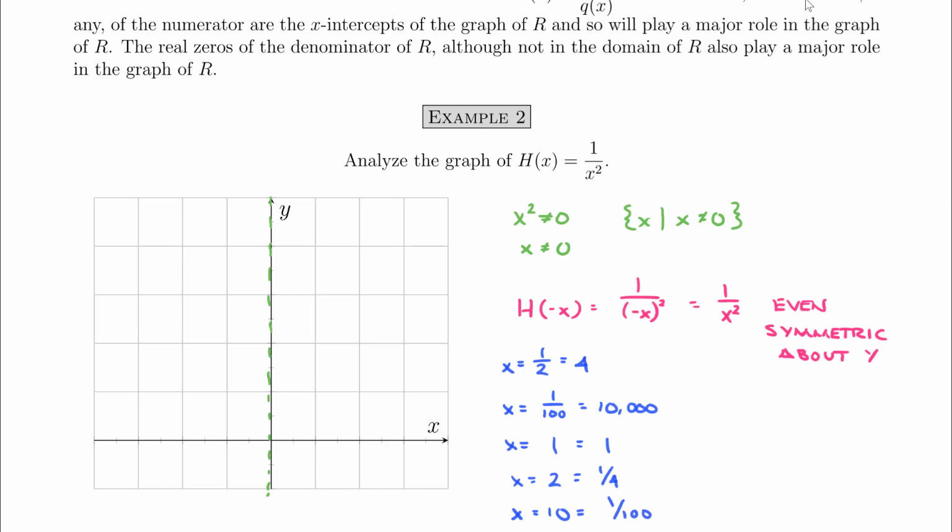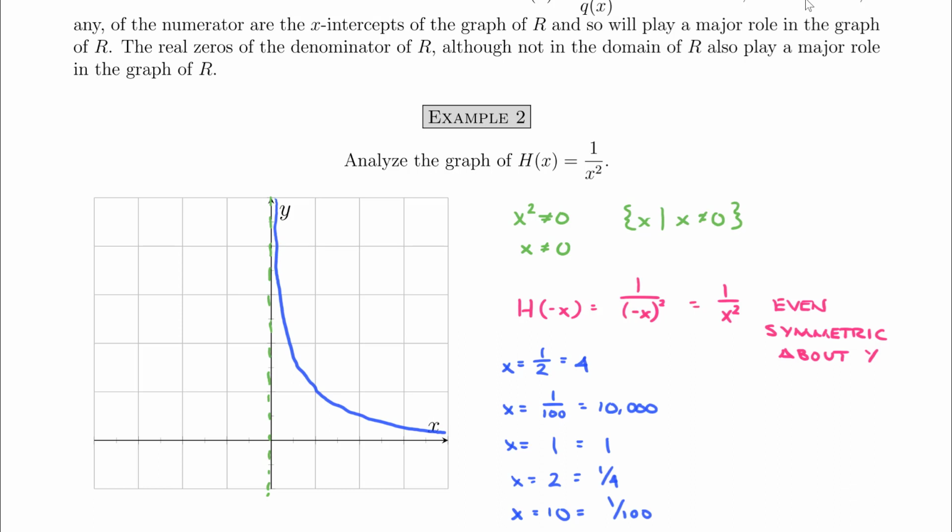So as our values get closer to 0, we notice that our y values are getting larger. And as we get further away from 0, going in the positive direction, we notice that our y values are getting smaller. So visually what this is going to look like is we're going to have these values get really, really close to the green line that we drew initially, because we can never have 0 in there.